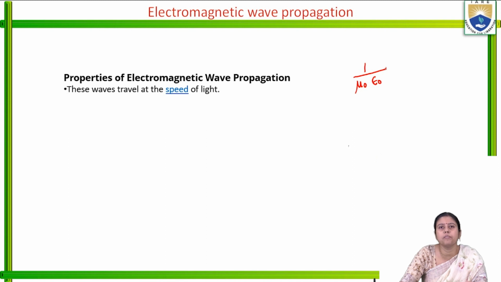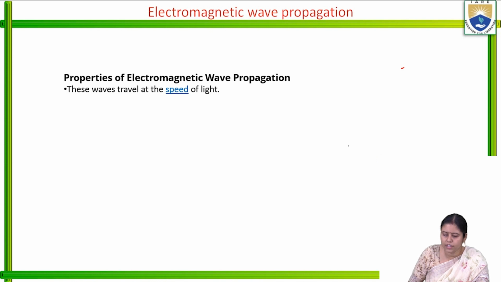Mu naught is nothing but the permeability of the medium, and epsilon naught is nothing but the permittivity. 1 by root of mu naught epsilon naught, if we put the value, will come c. C is nothing but the speed of light. So when the electromagnetic wave travels in free space, its speed is the speed of light.